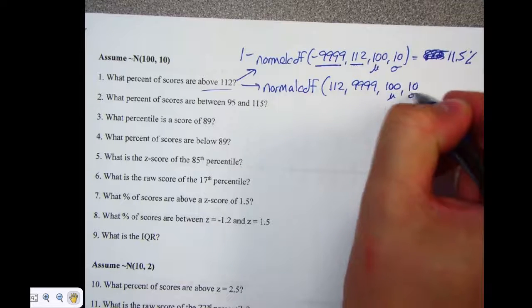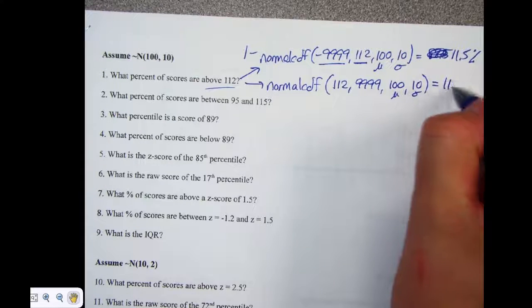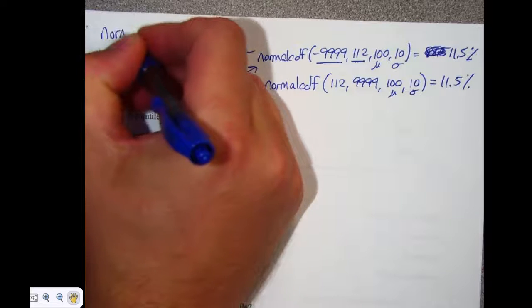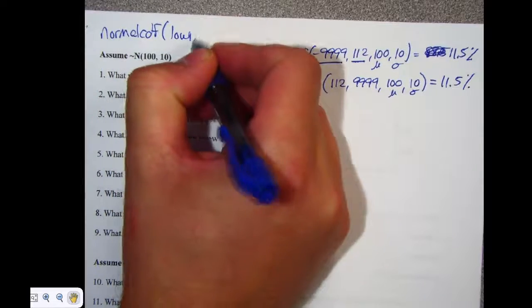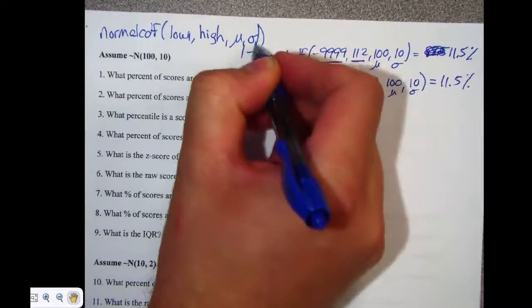Do you have to subtract it from 1? No. It doesn't matter to me which way you do it, but it's nice to have an understanding of both and have an option. All your calculator cares about is that the low number goes first, the high number second, and then it gets the mean, and then the standard deviation.